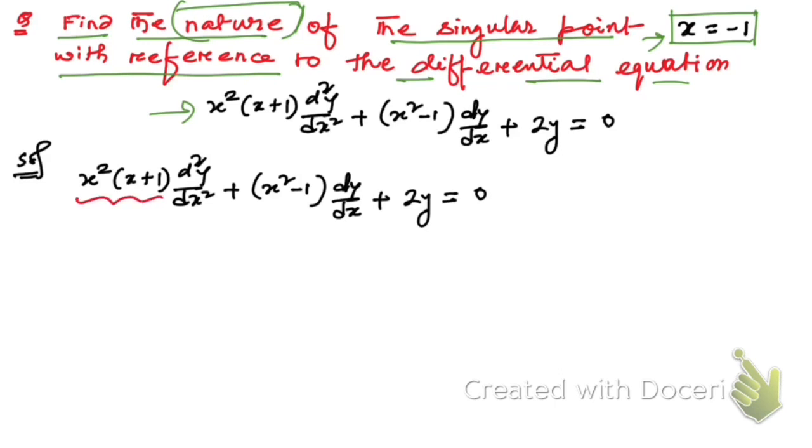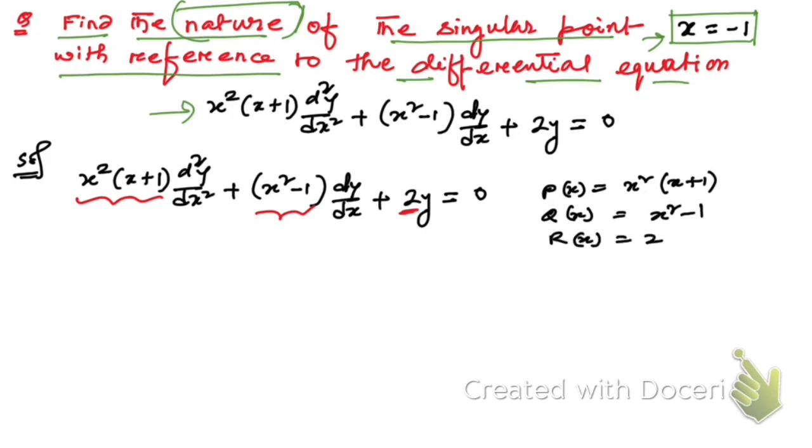This will be the p of x, this will be the q of x, and this 2 is the r of x, right? So here p of x is equal to x square into x plus 1, and q of x is equal to x square minus 1, and here r of x is equal to 2, okay?